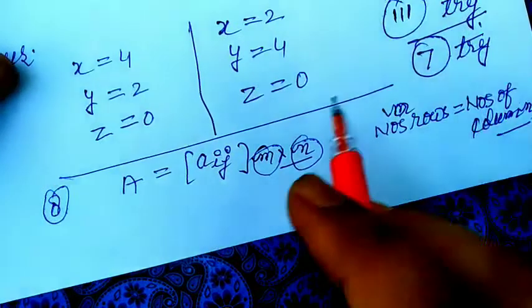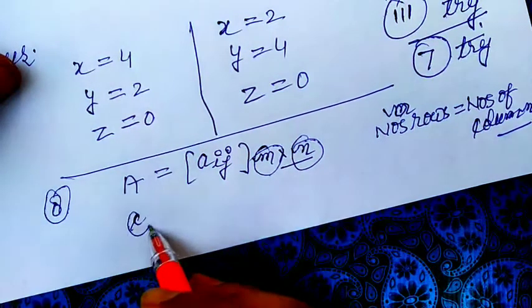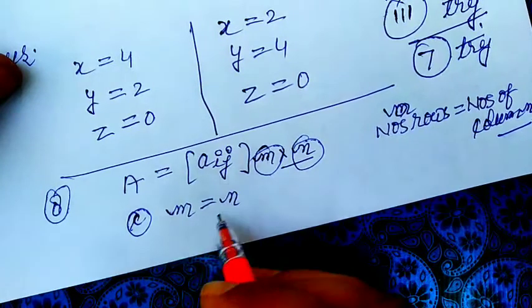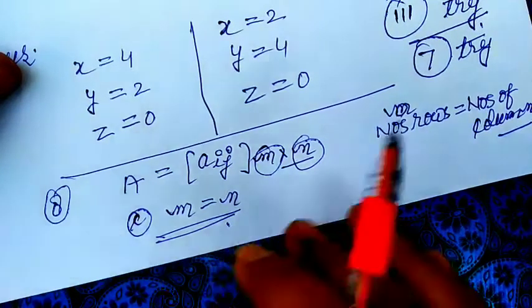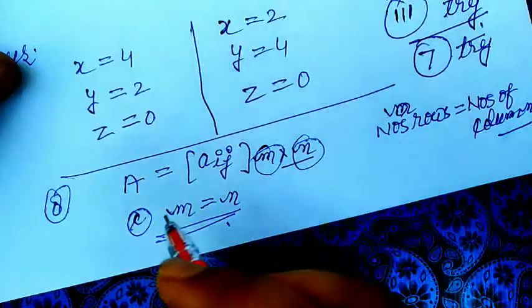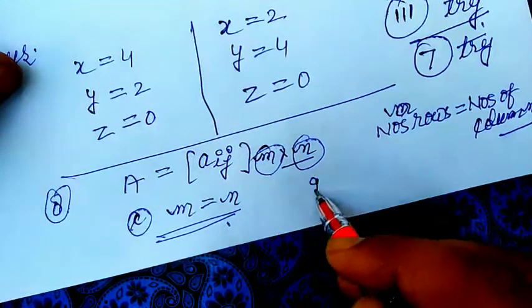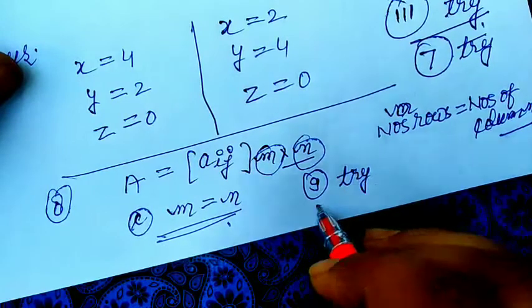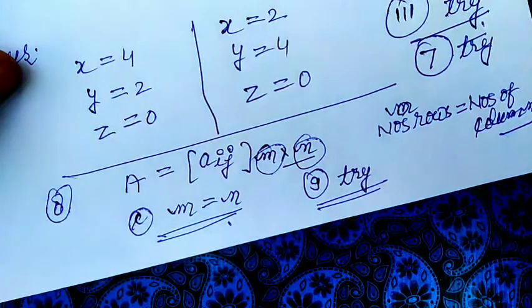So in this question, in part C we have M equals N. It is correct, isn't it? Now question number 9 is the same as question numbers 6 and 7. So it is also for you to try. Now move to question number 10. Last question of this exercise we have.